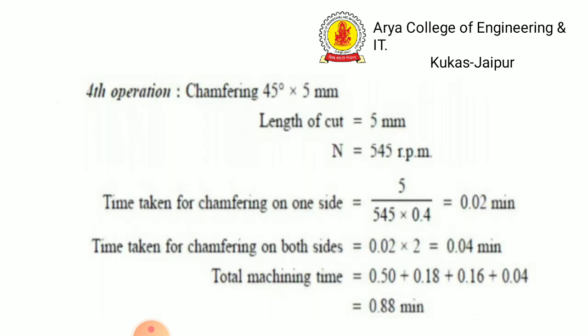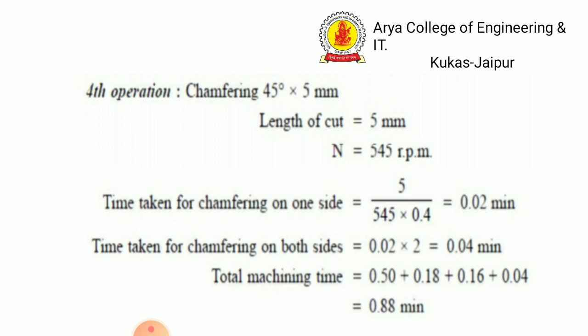Now in the fourth operation, chamfering, given 45 degrees by 5 mm, length of cut 5 mm and N equals 545 rpm as given. So time taken for chamfering on one side is 5 divided by 545 times 0.4 equals 0.02 minute. Time taken for chamfering on both sides is 0.02 times 2 equals 0.04 minute.